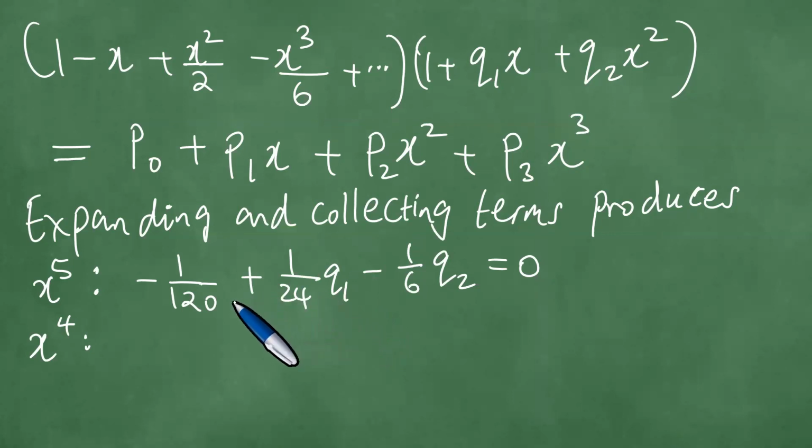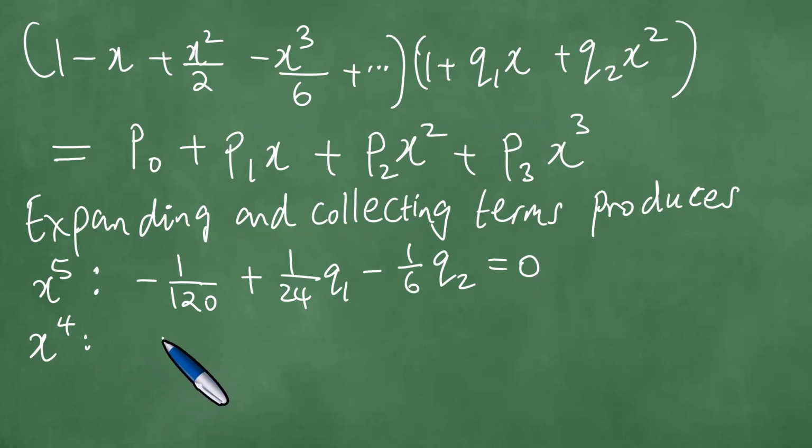But x to the fifth power is also going to arise if you multiply this one with the x to the fifth power because it's cubed here. This goes on. And then you're going to have the minus 120. But also, how is x to the fourth power going to arise?